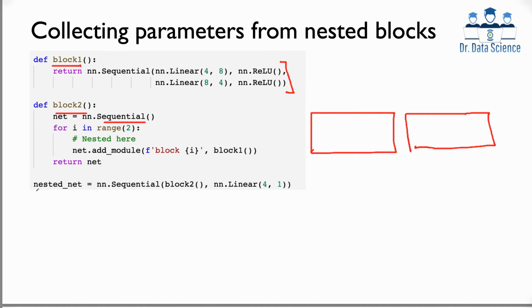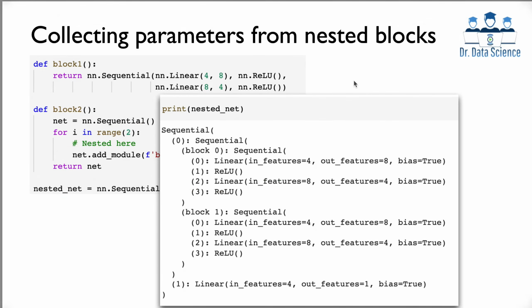And at the end, we create this nested network, which has this block 2, and then we add this linear layer. So what do you think the architecture of this network is, and how can we do the numbering? In the next slide, we are going to see that.